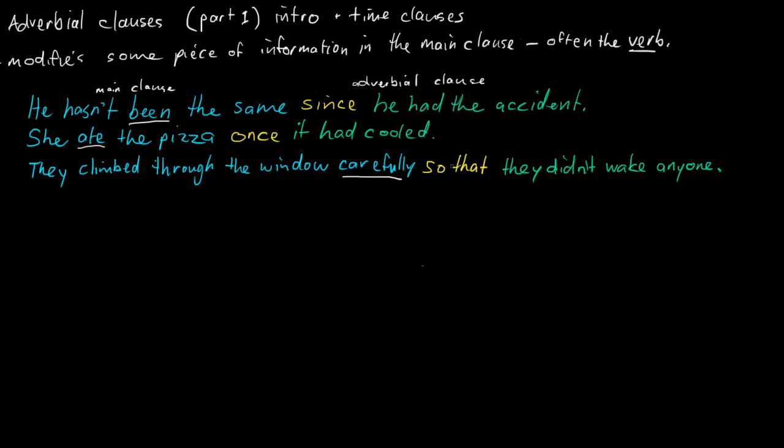Now, when we use "so that", I'll just show that there's a bit of variety. Instead of "so that", we could have also changed our sentence a little bit. And we could have said something like "in order to", and then the final section of that clause would be "in order to not wake anyone."